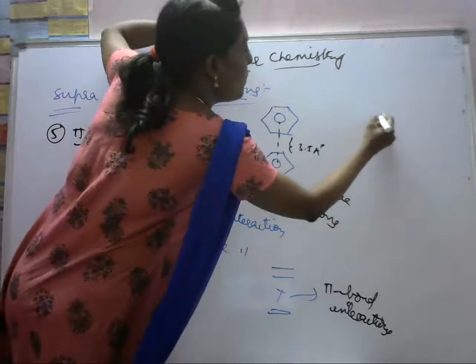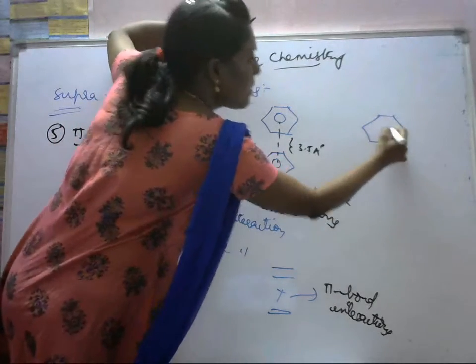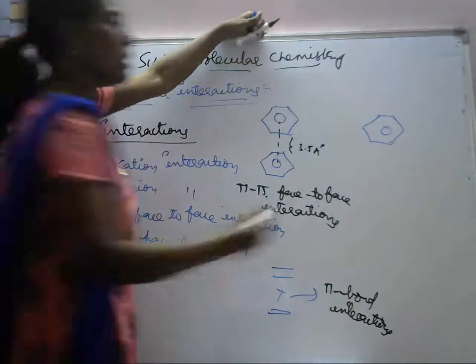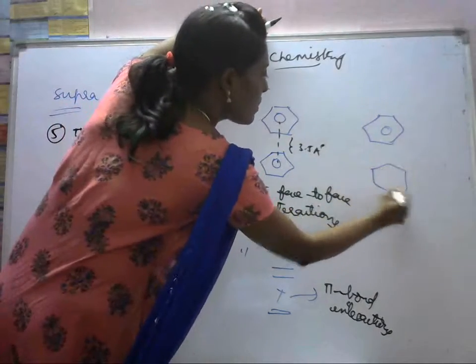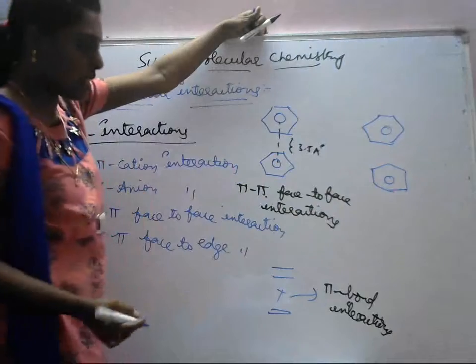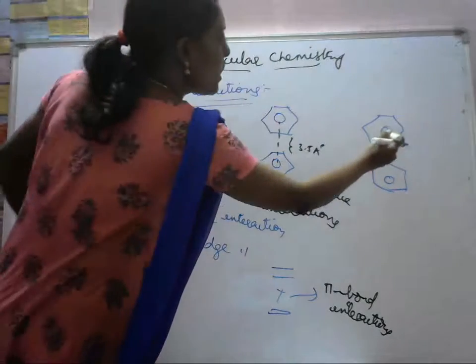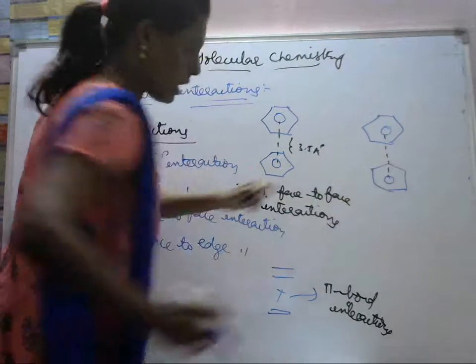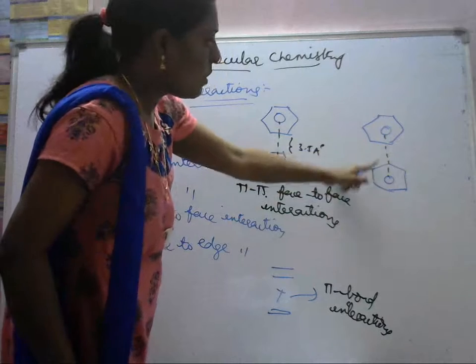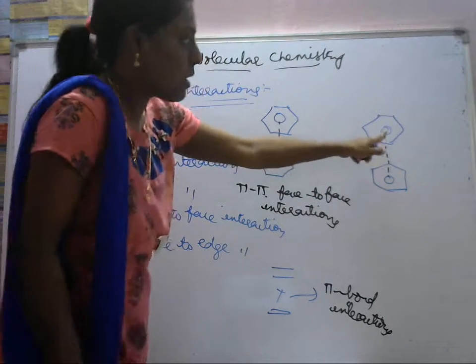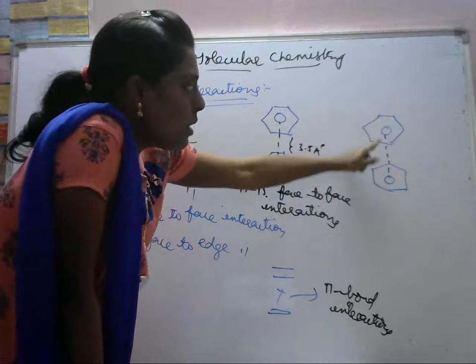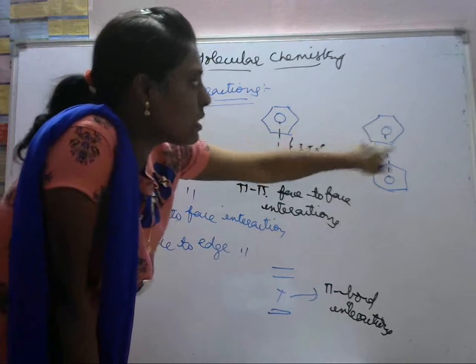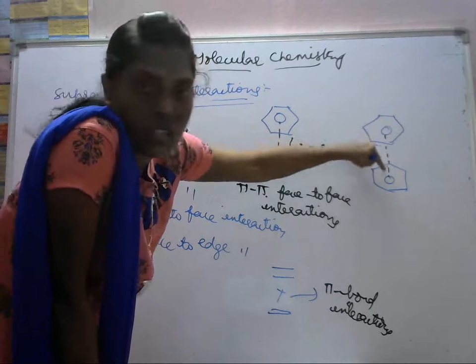So if this is a pi 1, and the other is present like this, then it is called face to edge. The interaction is present between this total ring and this edge.